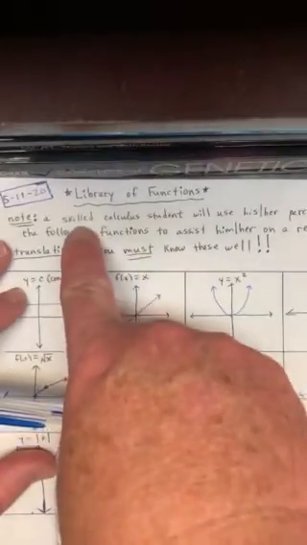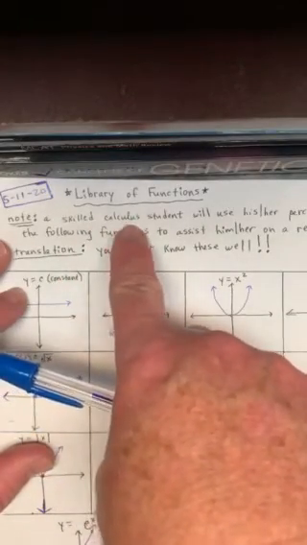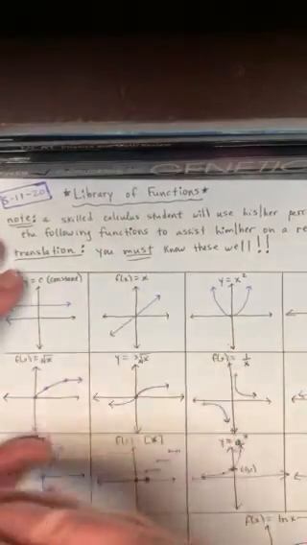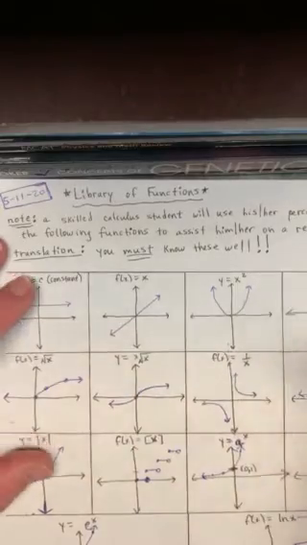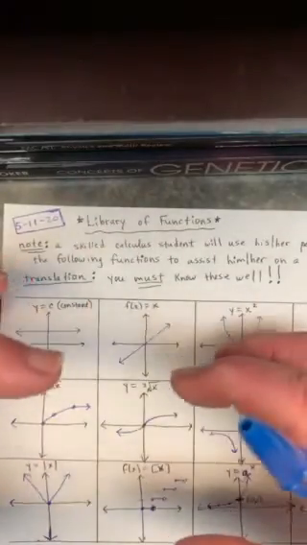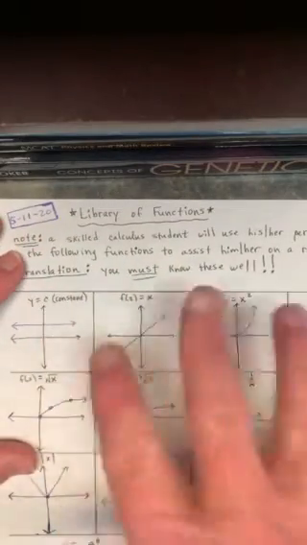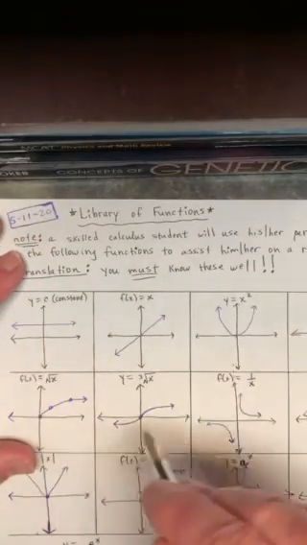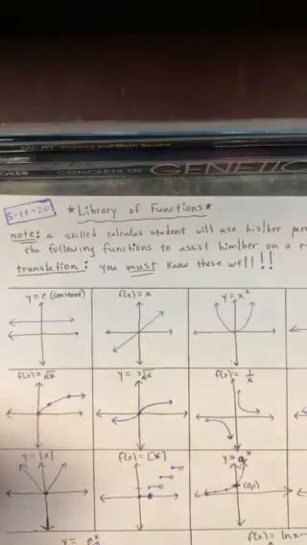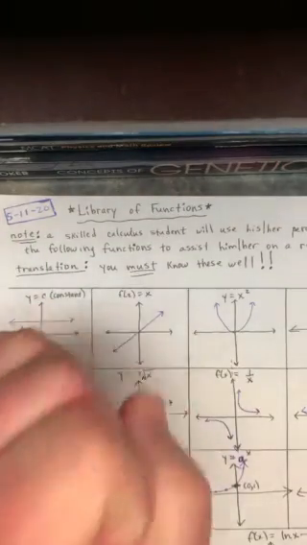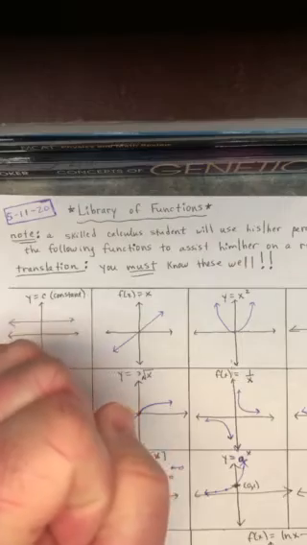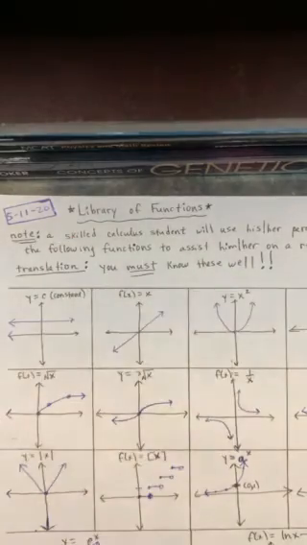So as a skilled calculus student next year, you need to have all 17 of these functions in your mental library and quickly have some idea of how to sketch all of them. So when you do start sketching them and working with them, you've got their general shapes in mind to move forward into the calculus concepts.